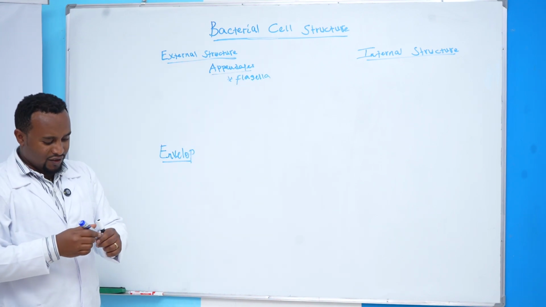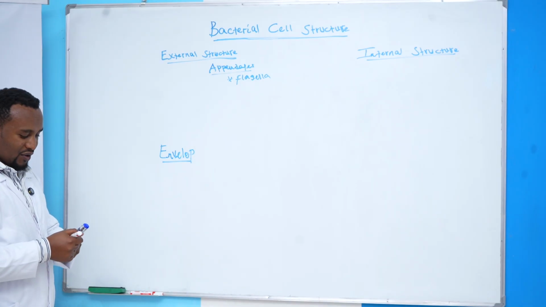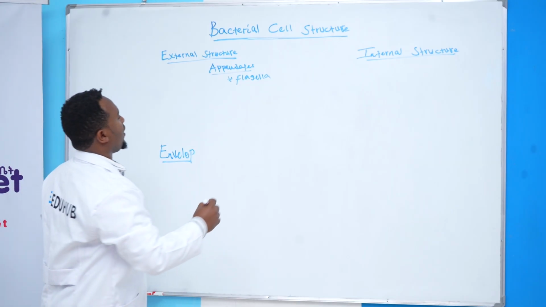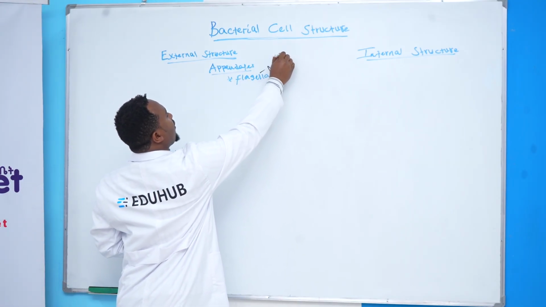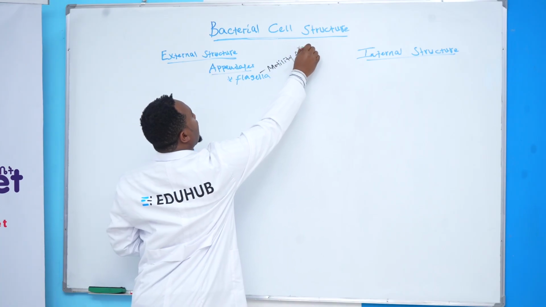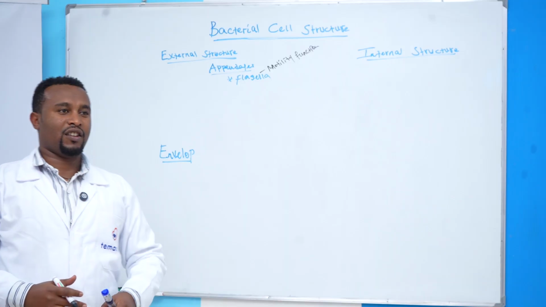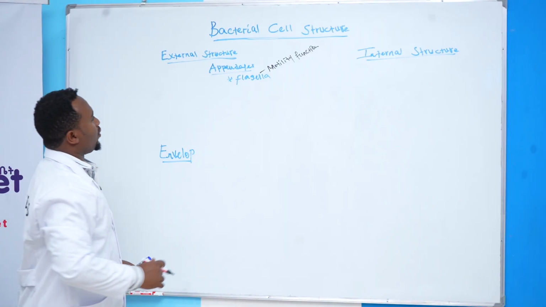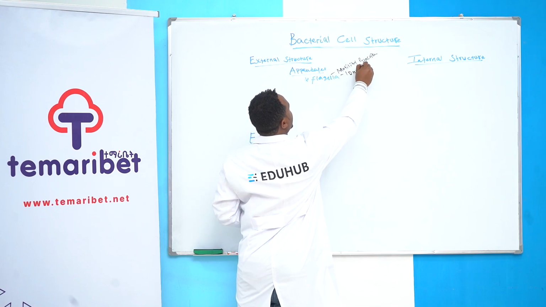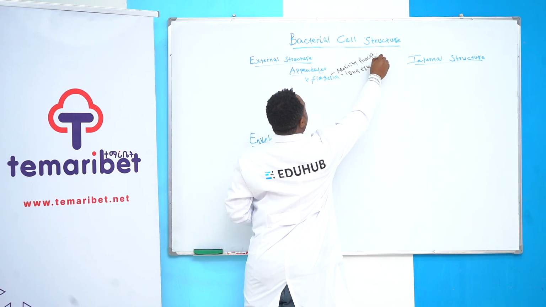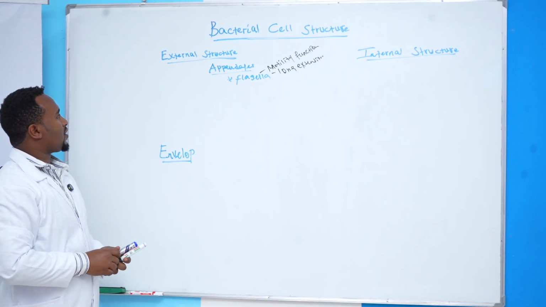The flagella is an external appendage that helps in the motility of the bacteria, for moving the bacterial cell. The flagella is a long extension which arises from the cell wall of the bacteria.